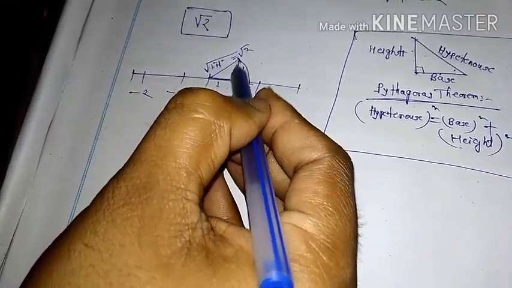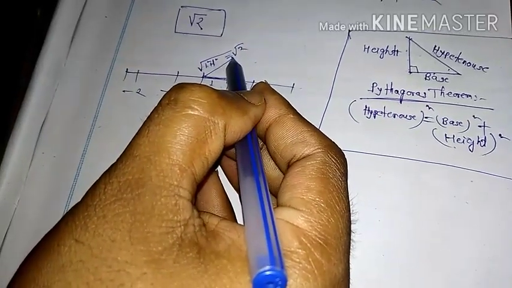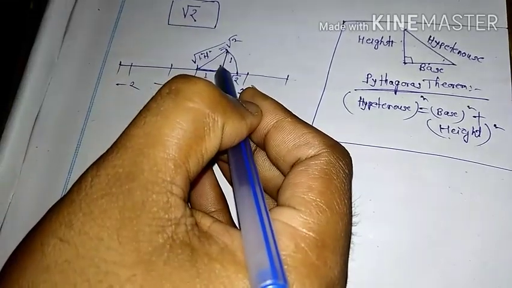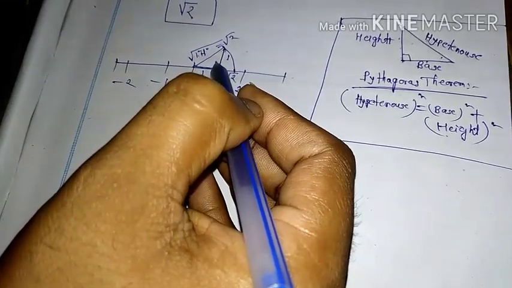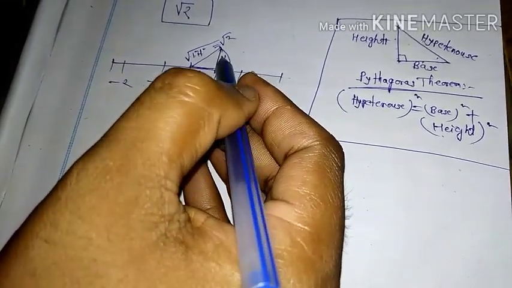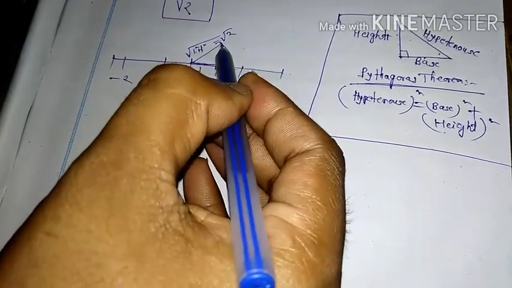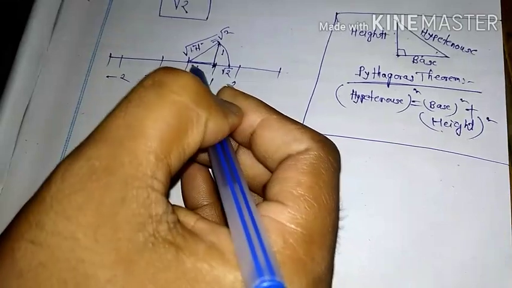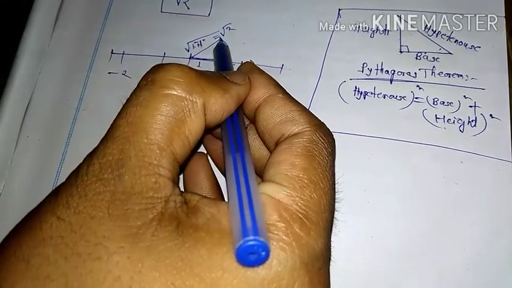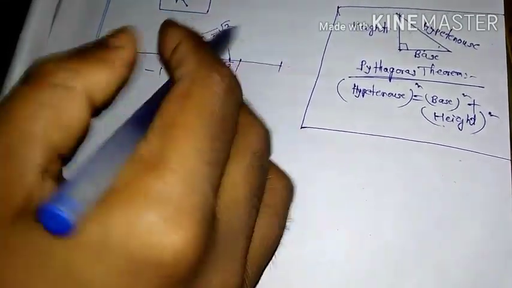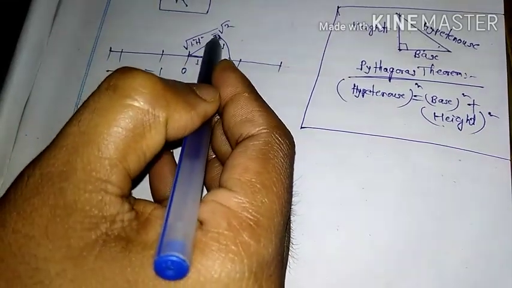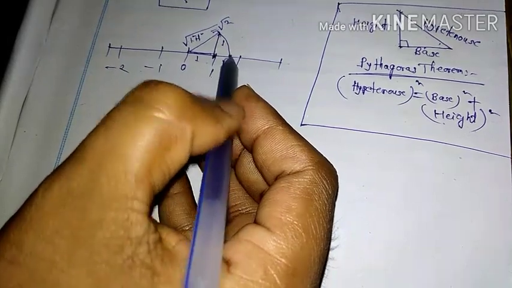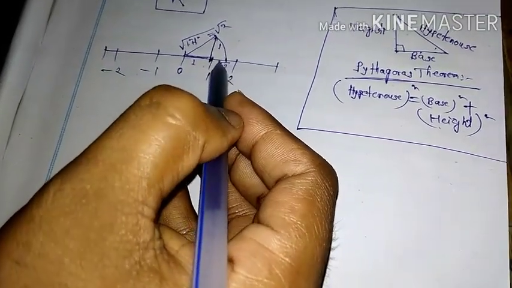The height of the perpendicular is always 1, for root 5, root 3, for every irrational number. Then taking the hypotenuse as radius, draw an arc that touches the number line at this point, and this is root 2.